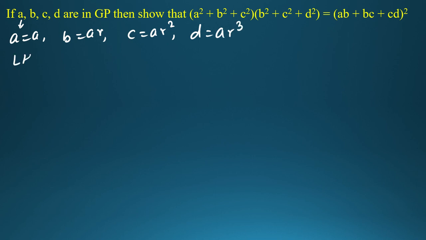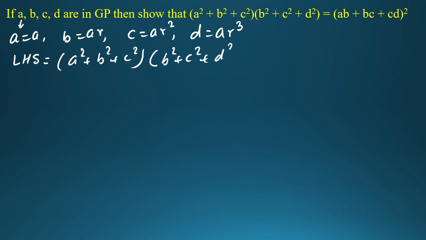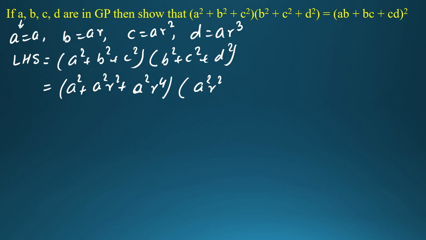So now what we have to prove, just consider left hand side. a square plus b square plus c square times b square plus c square plus d square. So it will be a square means a square, no change. b square means a square r square, c square means a square r to the power 4, times b square, again a square r square, c square means a square r to the power 4, and d square means a square r to the power 6.